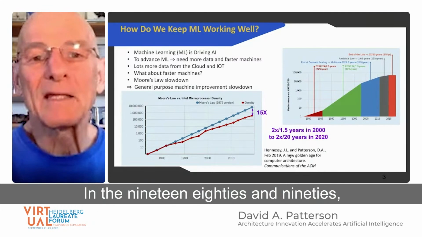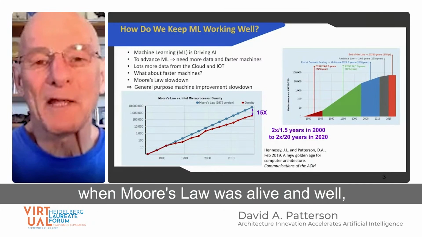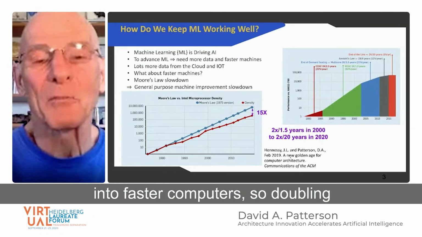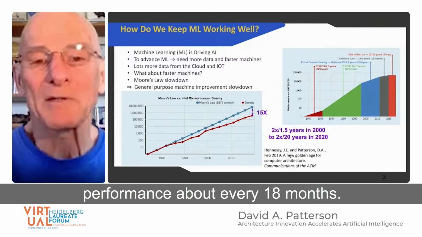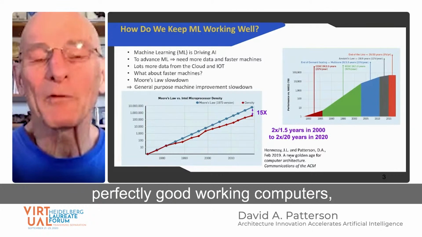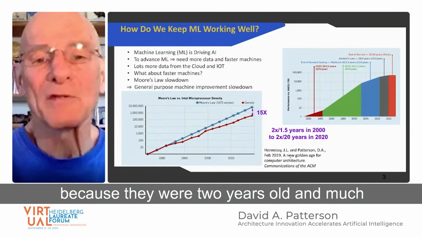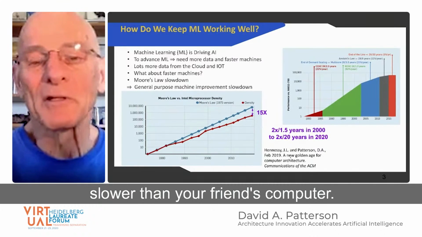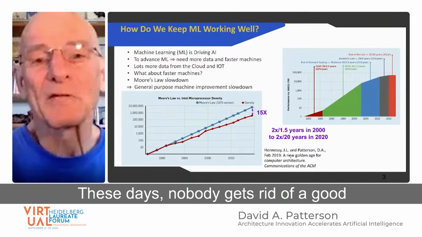In the 1980s and 90s, when Moore's law was alive and well, we were turning those transistors into faster computers, so doubling performance about every 18 months. At the time, people would throw away perfectly good working computers because they were 2 years old and much slower than your friend's computer. These days, nobody gets rid of a good computer.